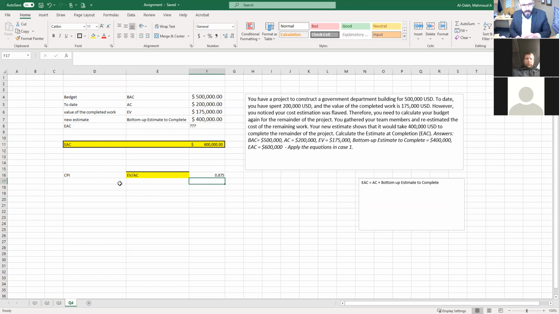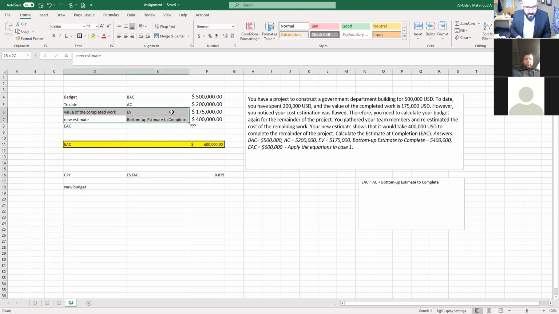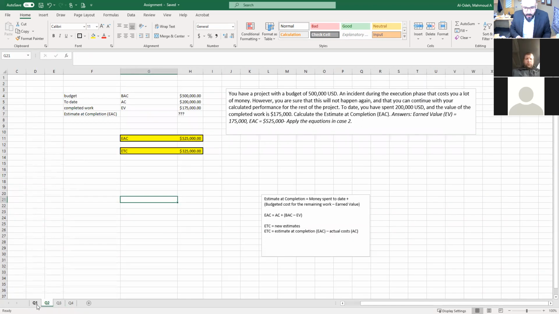That would be the CPI. Now the new budget, and again, this is not related to what I'm doing, but I'm saying if this piece is missing from the question, we could go ahead and calculate the new budget.